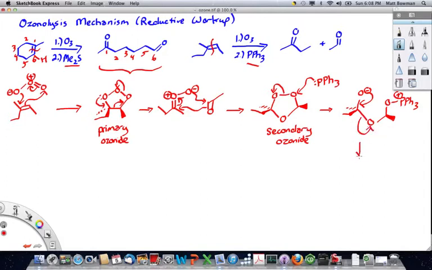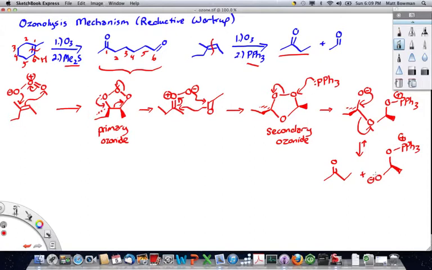Carbonyl formation is typically a very favorable reaction. And you form one of the two products, plus this O- here, positive oxygen there.